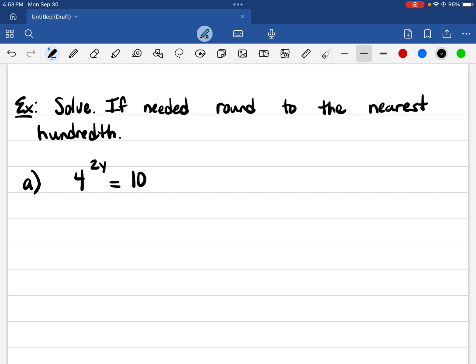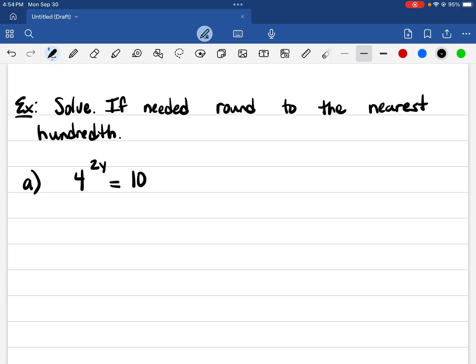All right, so you've got two ways that you could go about solving this one. We talked about you could take the log of both sides and solve it that way, or you could use Loggy Froggy and change it to log form and solve it that way. I will show both ways as we go through and do a couple of these, and then I'll kind of stop and just pick one of the ways to go about doing it.